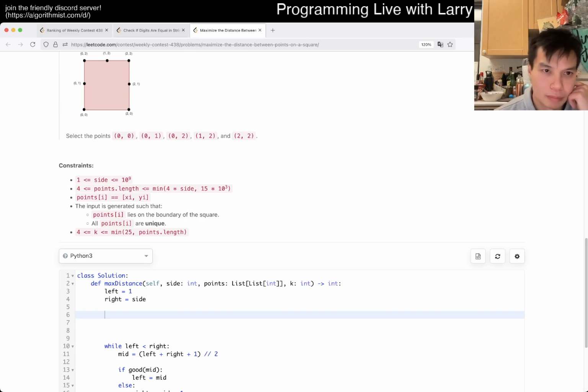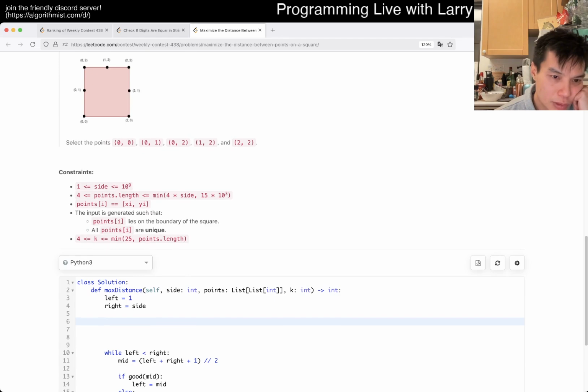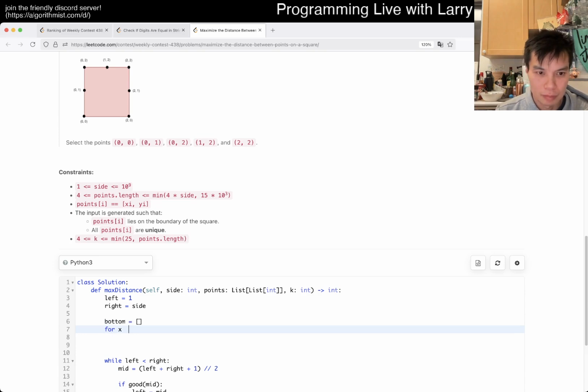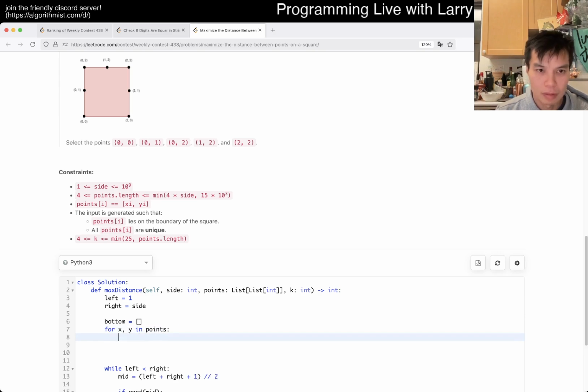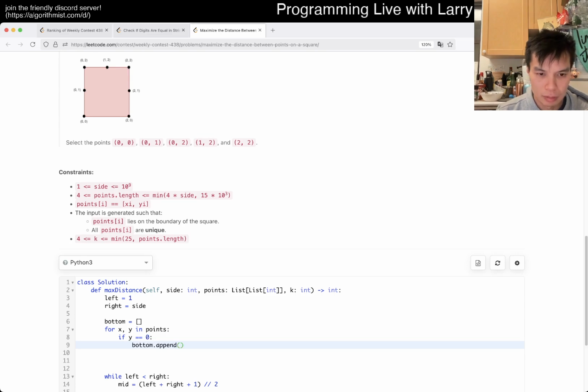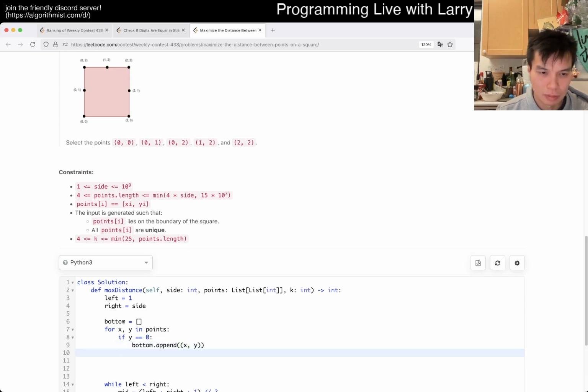Distance from... we have to sort this... yeah, that's not that bad. Okay, so... Is it y? Y is equal to 0. That's annoying.